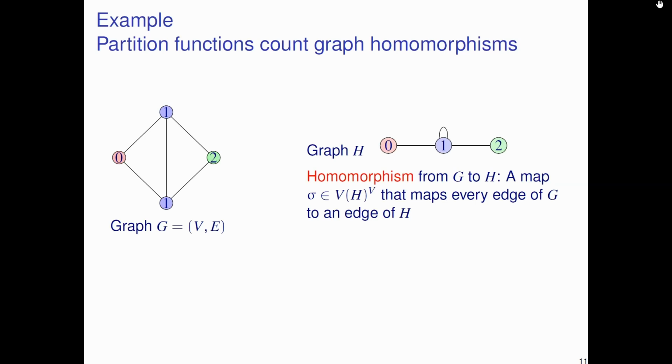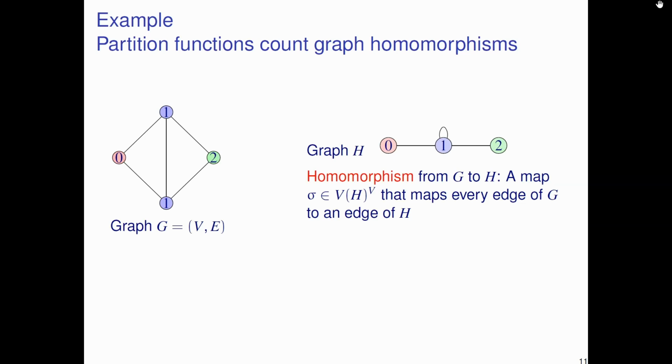But what's a homomorphism? A homomorphism from G to H is just a map from the vertices of G to the vertices of H. And it has to have the property that you take every edge of G and map it to an edge of H. So we don't care what happens to non-edges, but edges have to go to edges. So for example, I've denoted the vertices of H by colors. Red is 0, blue 1, green 2.